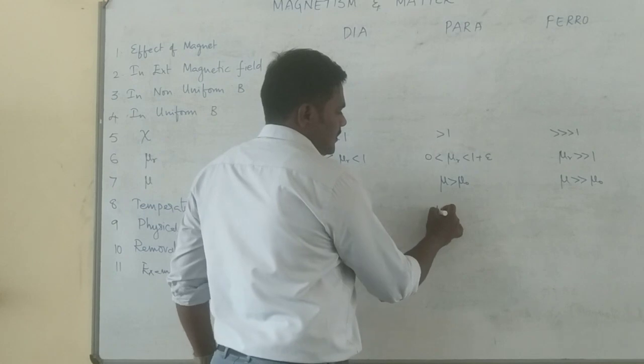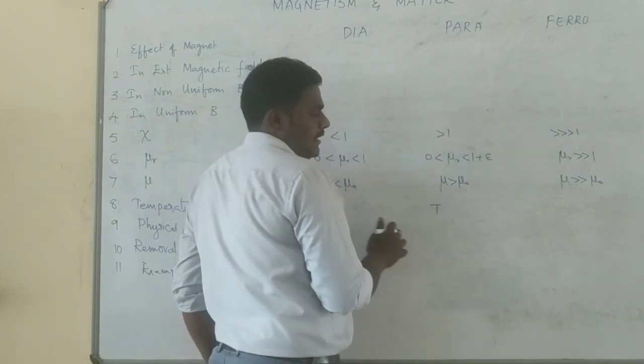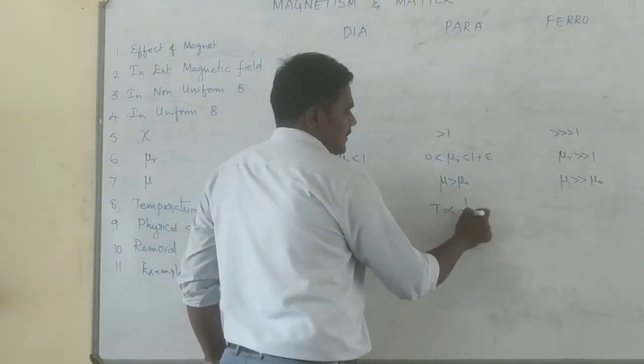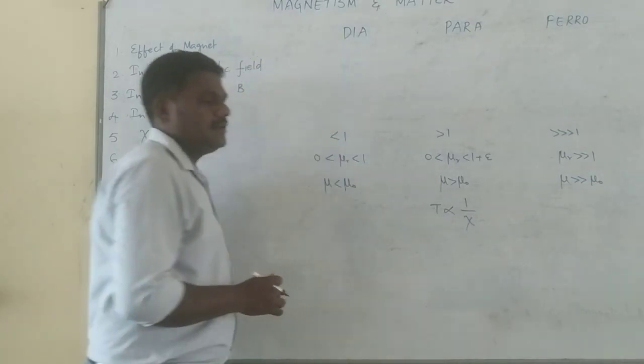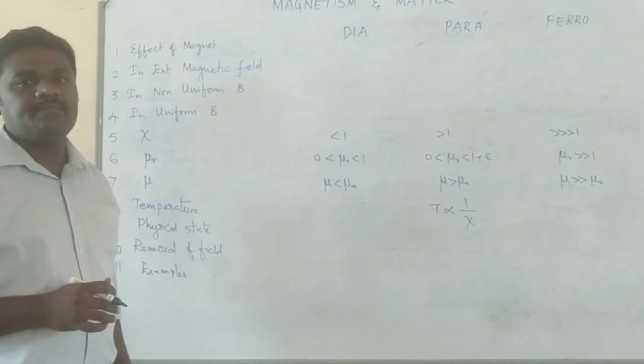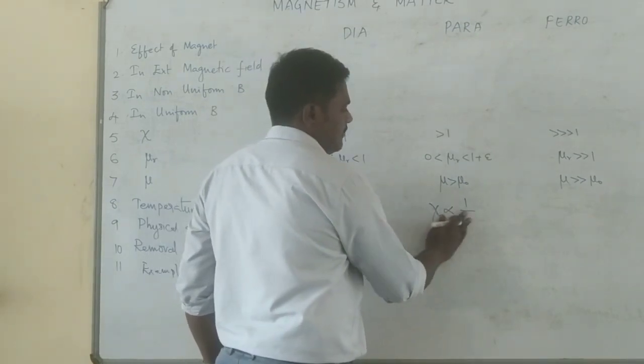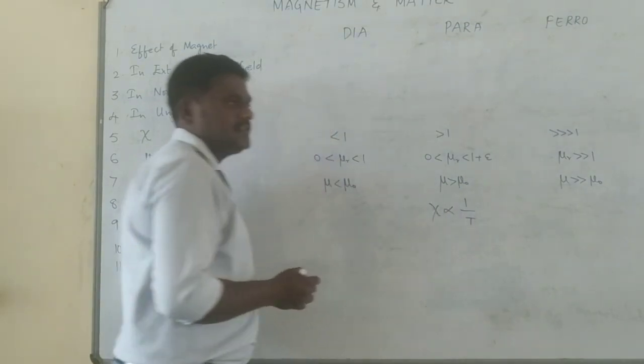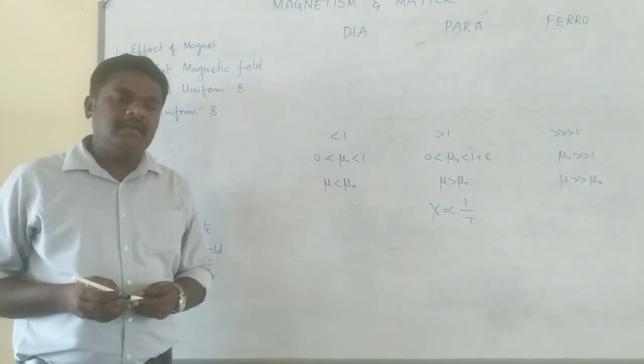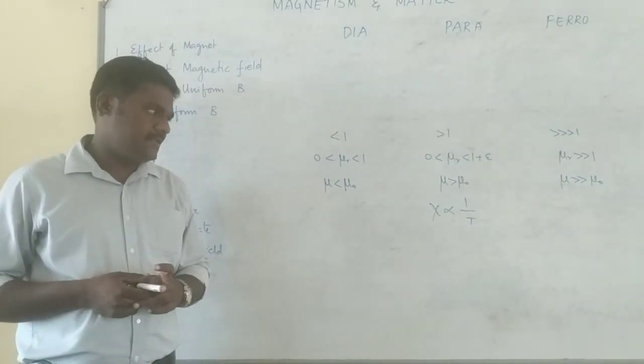Whereas for paramagnetic materials, the relation is that Xi is inversely proportional to T. This means that on an increase in temperature, the magnetic susceptibility of paramagnetic materials decreases.